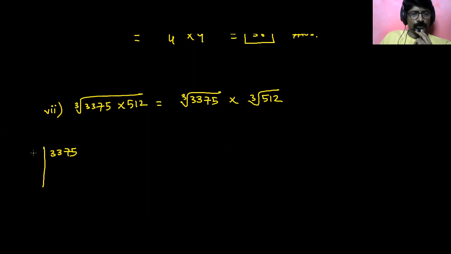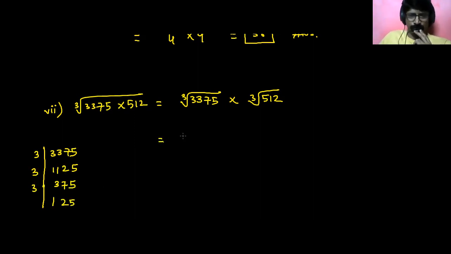Okay, so 3 elevens are 33, 3 nines are 27, 3 sevens are 21, 3 fives are 15, and then it becomes 125, and then that becomes 3 into 3 into 3 and 5 into 5 into 5. Isn't it?